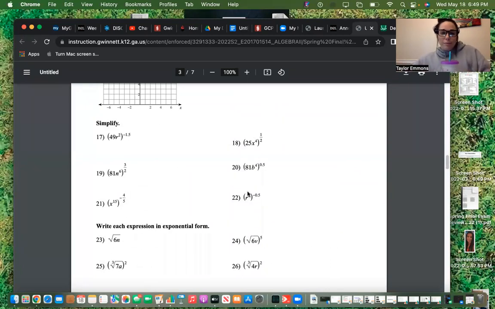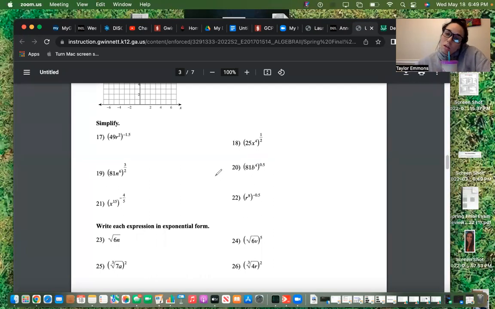Okay, so 20. This is using our exponent rule, AKS 60. We're going to take each of these things and raise it to this 0.5. I would change this to 1/2 because it makes it a little easier to deal with.